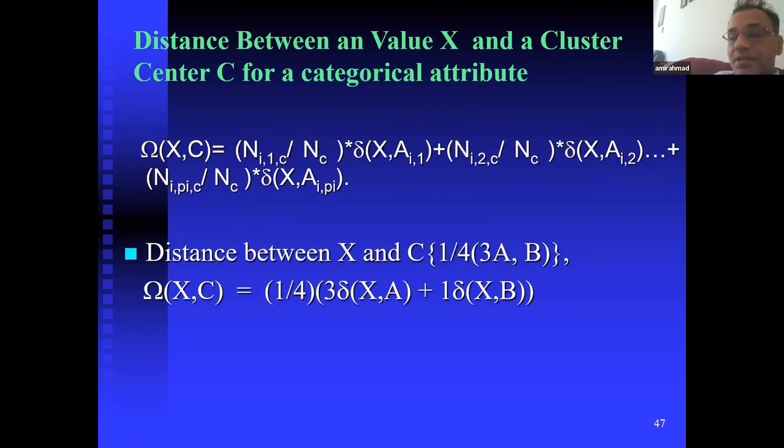So if I have to compute the distance between categorical attributes and the center, this will be my approach. I want to compute the distance between X and A and B, so I will compute XA and XB.